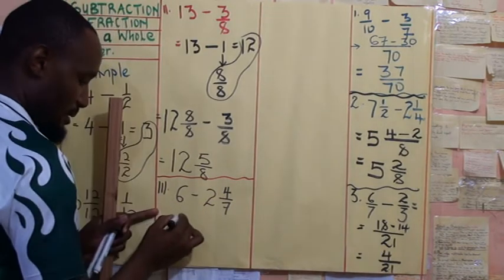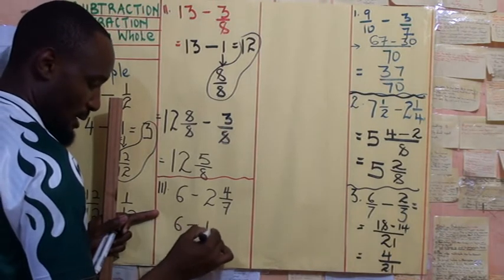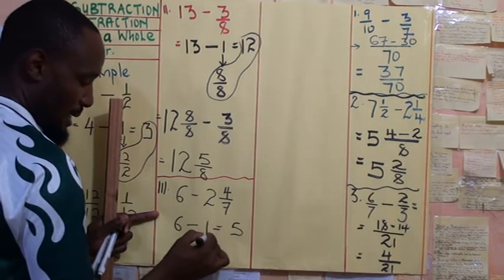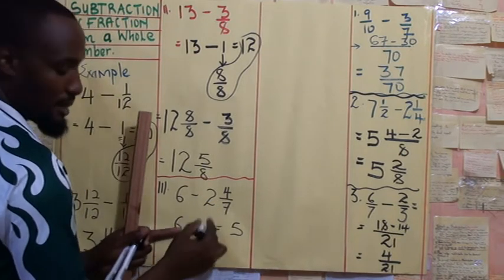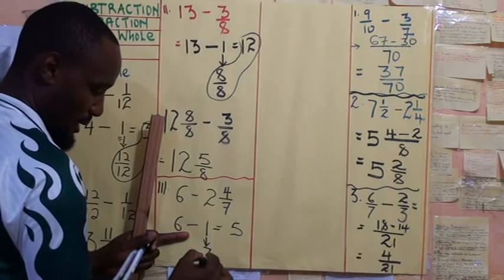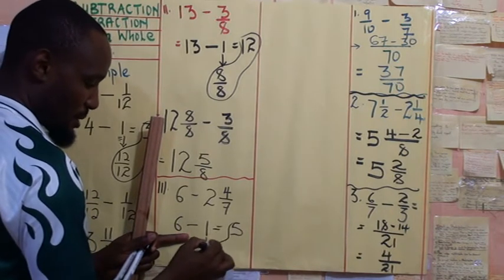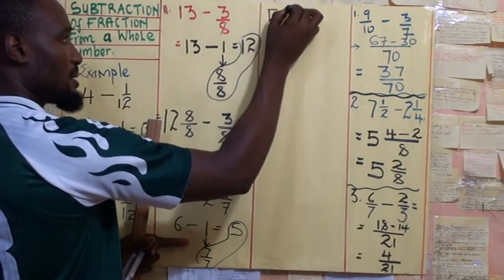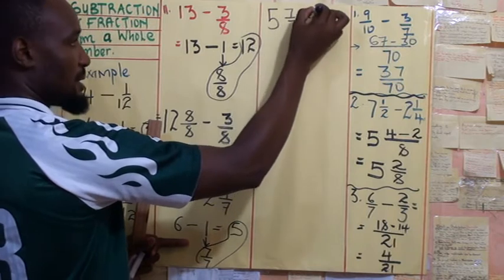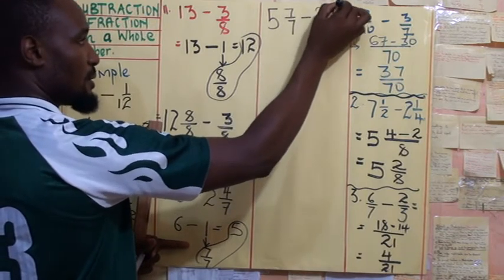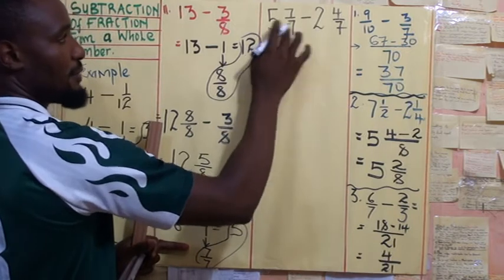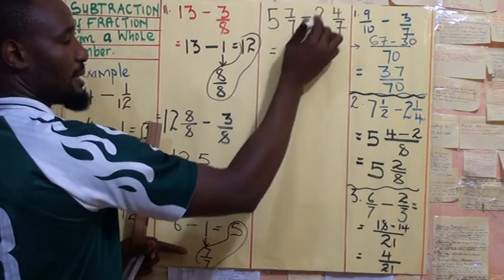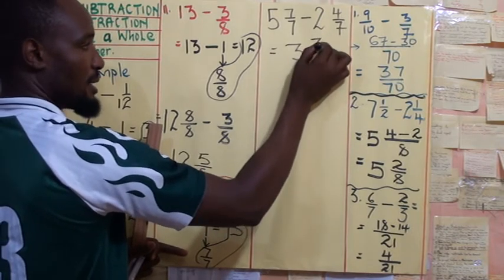Take 6 minus 1, you'll get 5. 1, make it a fraction of the denominator, 7 over 7. Combine these two to make a mixed fraction, that is 5, 7 over 7, minus 2, 4 over 7. 5 minus 2, 3. 7 minus 4, 3 over 7.